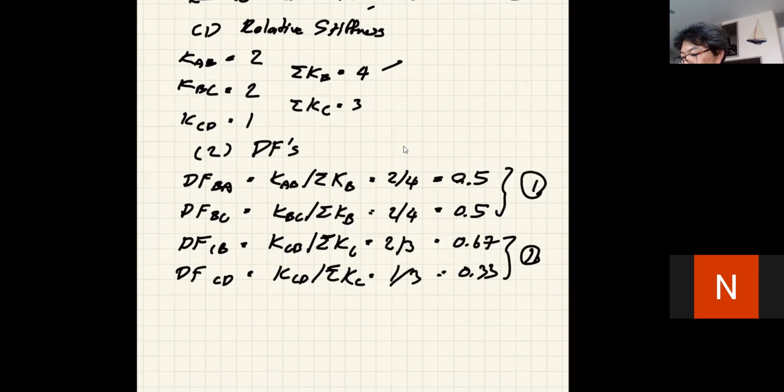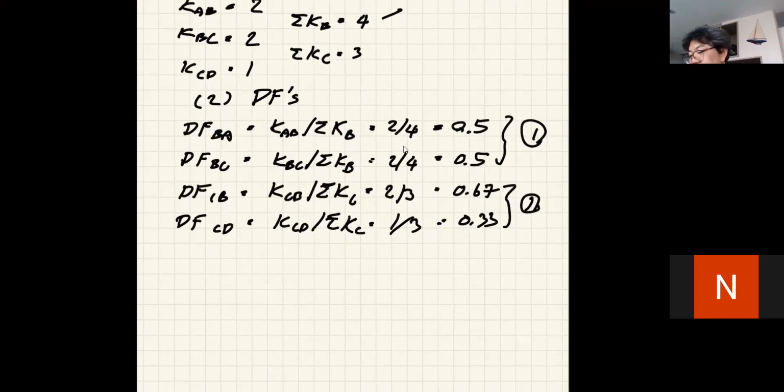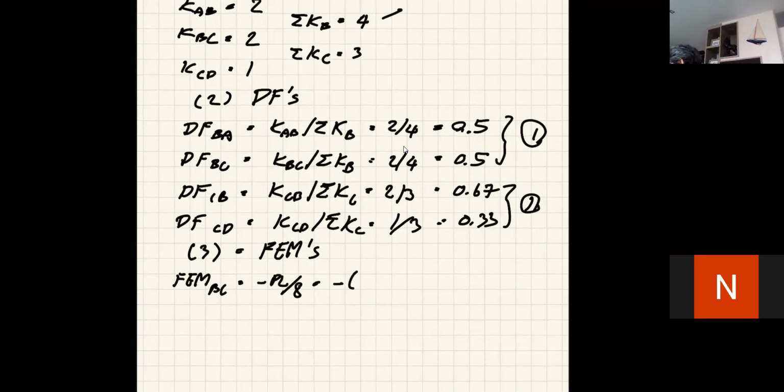Now the next step is the fixed moment. Now we have 2 loaded spans, okay? So we have span BC and span CD. So my FEM BC is minus PL over 8, so it's minus P is 20 tons.